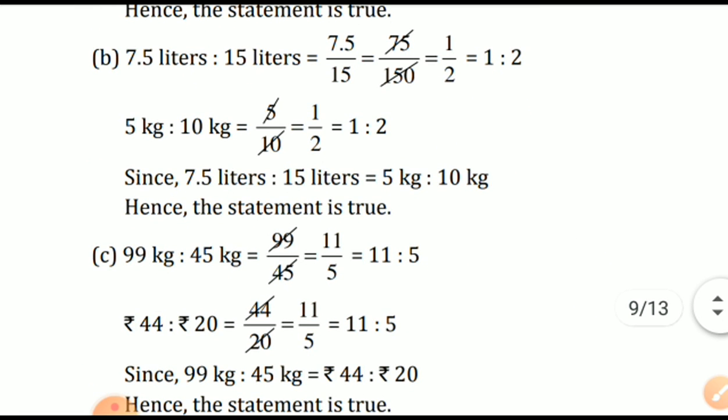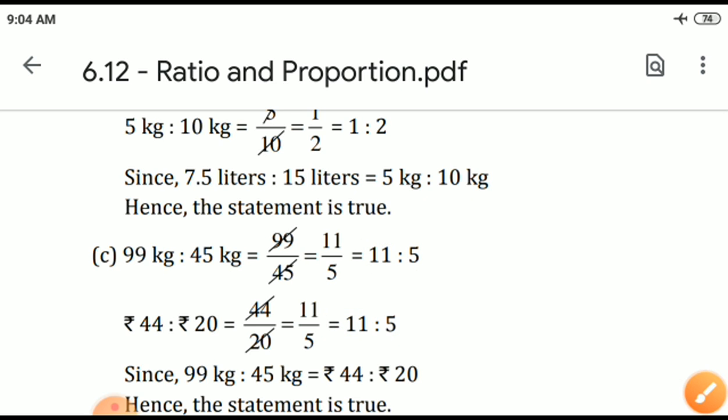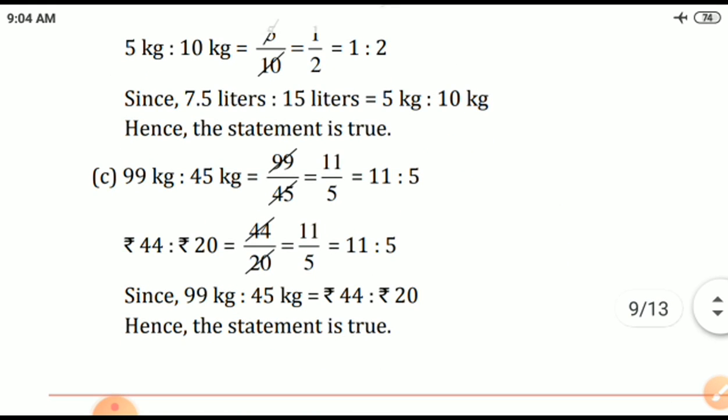C. 99 kg and 45 kg will give us a reduced form 11:5. How to read out this one? 11:5. You are knowing this one. Isn't it? Okay. So rupees 44 is to rupees 20. That means it is giving a 11:5. Both the ratios are equal. That means this 99 kg is to 45 equal to rupees 44 is to rupees 20.